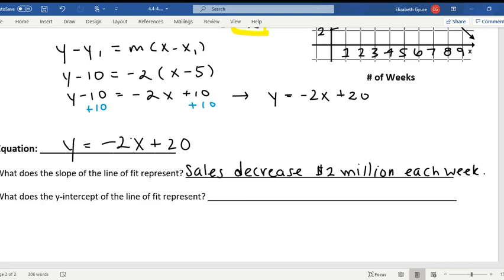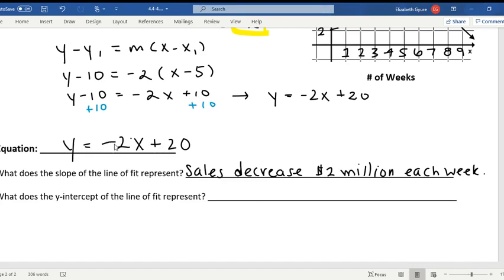Okay, so then our next question is, what does the y-intercept mean? What do you think that is, Asia? So they're actually losing, technically they're losing 2 million each week. But this, remember, like if you rent something, didn't we have to pay like a booking fee and then like a per hour fee or something? Well, so this is actually your starting amount of sales. This is how much you started with. This is how much it's going down each week.